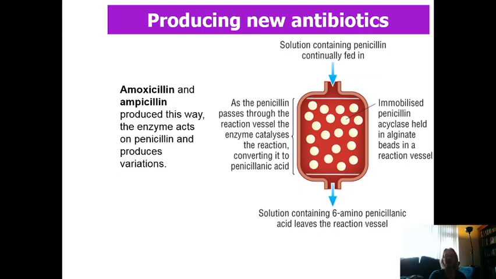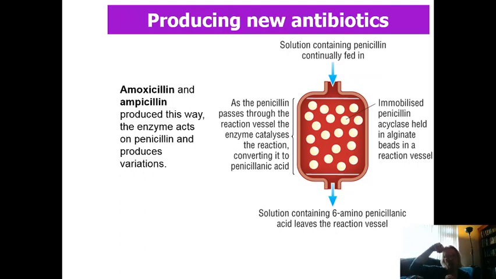So we're going to look now at some of the uses of immobilized enzymes. One of the really important uses is the production of new antibiotics. So they'll get known antibiotics, things like penicillin, and they'll feed that in, and then you've got immobilized enzymes, this penicillin acylase here, held in these alginate beads, these jelly beads in this reaction vessel.